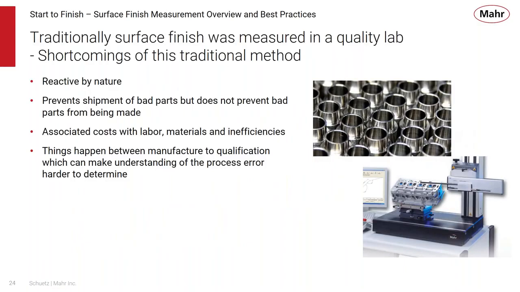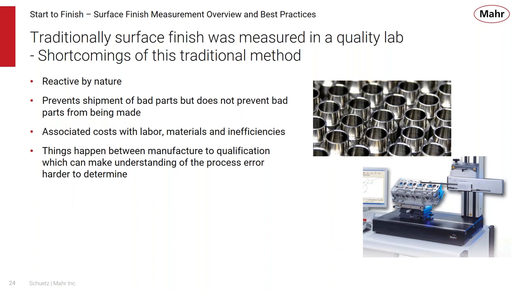Now, traditionally, surface gauges is measured in a quality lab, back in the corner of the factory. But there are some shortcomings to this older traditional method. It's reactive by nature. It helps prevent bad parts from being shipped, but it doesn't prevent bad parts from being manufactured.